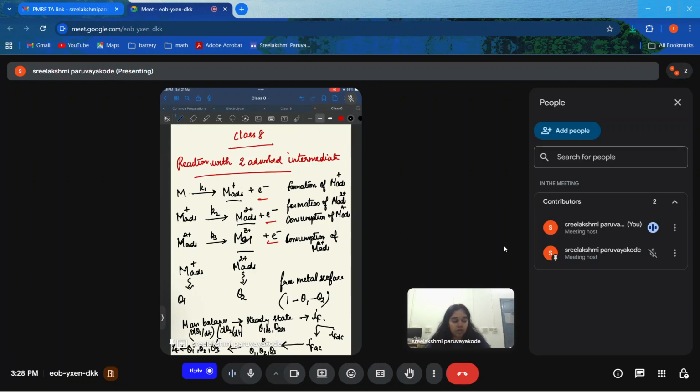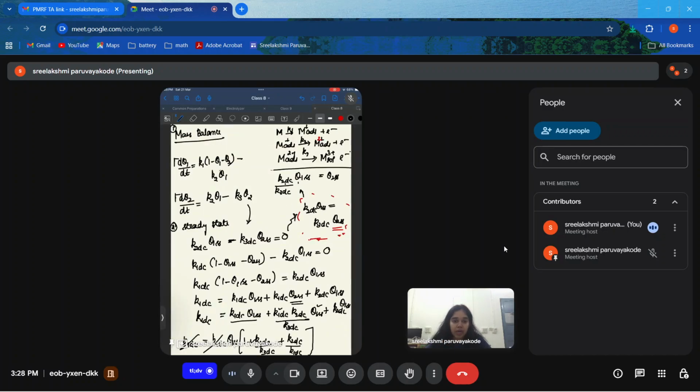Because there are two adsorbed intermediates, we'll name them as theta 1 and theta 2. In such a case, how we'll go forward is writing the mass balance for both adsorbed intermediates, theta 1 and theta 2.